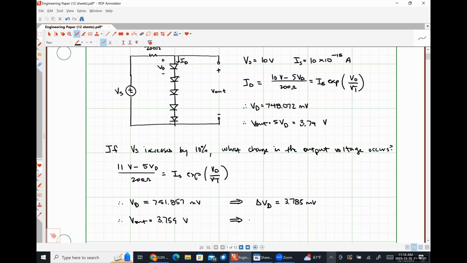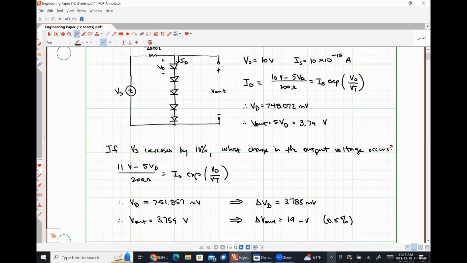And so our change in Vout is about 19 millivolts, or 0.5%, where the change I'm measuring here is just this voltage minus this voltage divided by the original voltage.